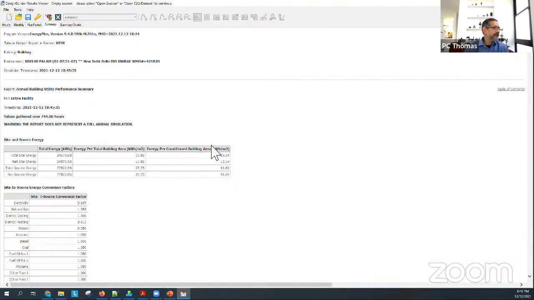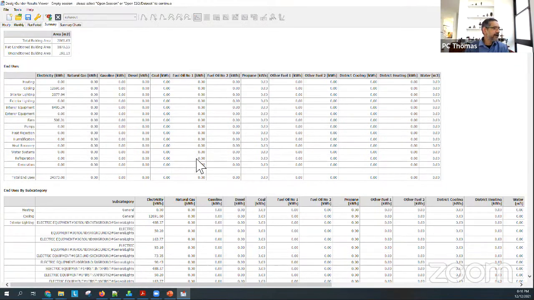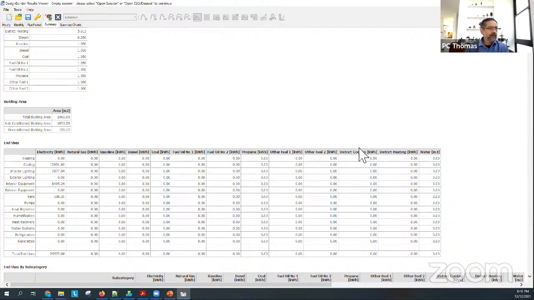So in the HTML file, if I go and look at it now, there's no more energy for district heating and district cooling. Instead, I'm getting, okay, so the electricity used for cooling is 12,691 kilowatt hours. Here's lighting, here's equipment. Now I've got a number for fans, okay?